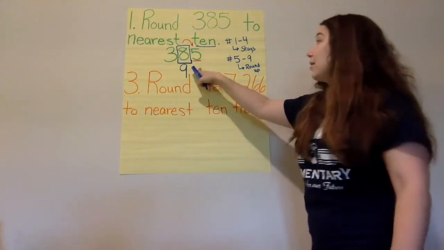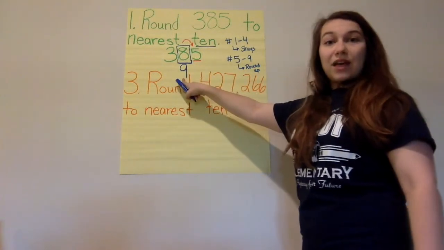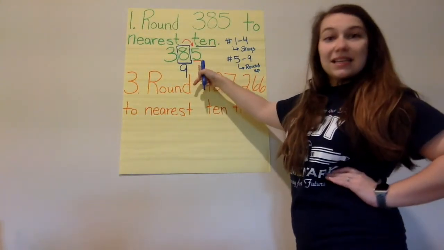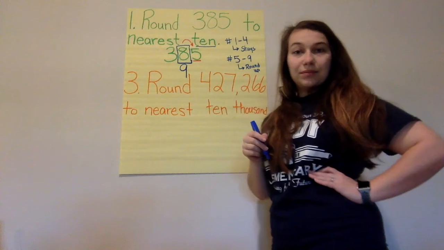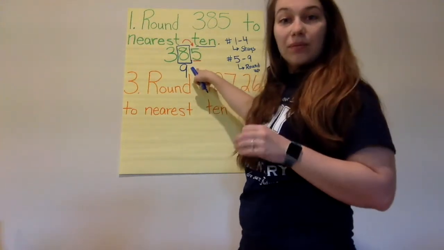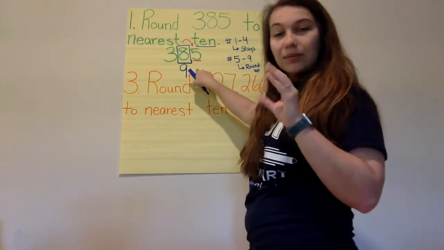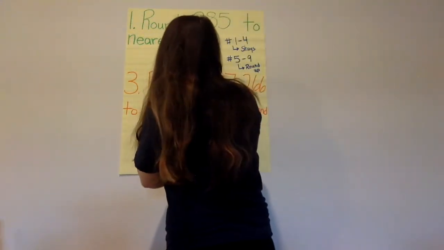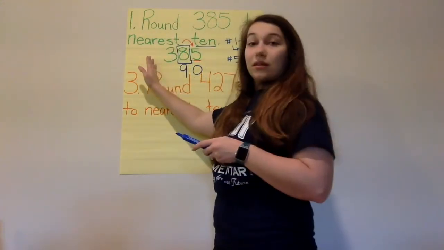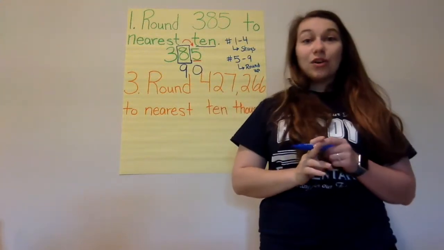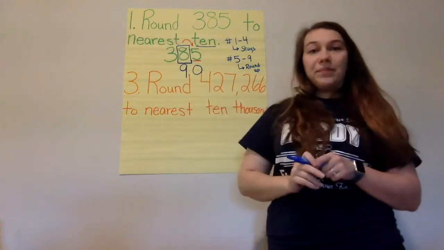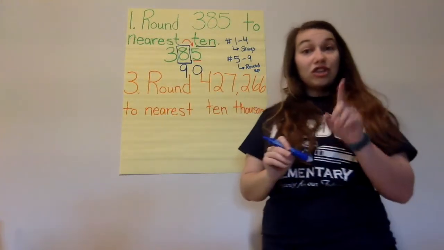And any number after this place value is going to become a 0. So in this case, how many places do we have after our tens? Just 1, right? This 5. So it's going to become a what? A 0. Very good. And any number before the place value that we're rounding is going to stay the same. So, how many numbers do we have before the 10 spot? Just 1, right?